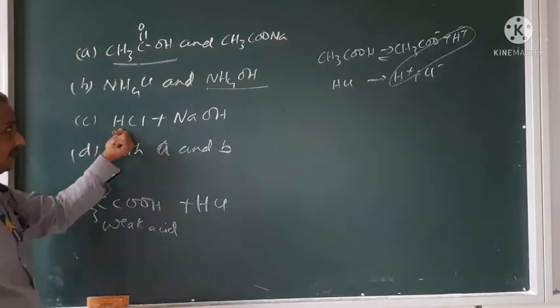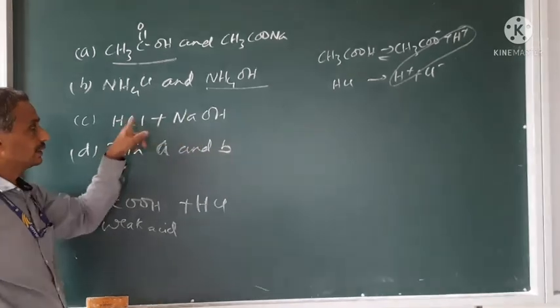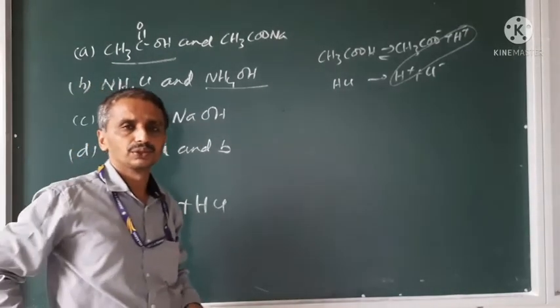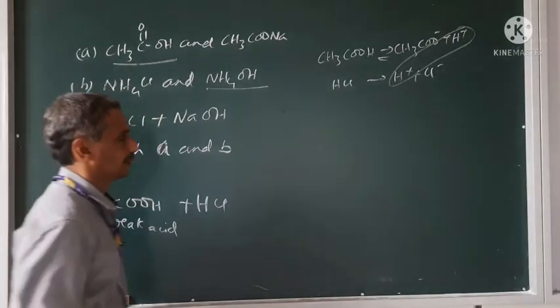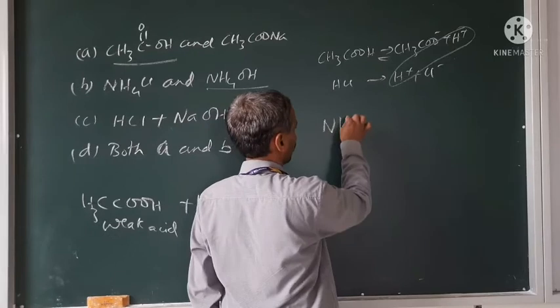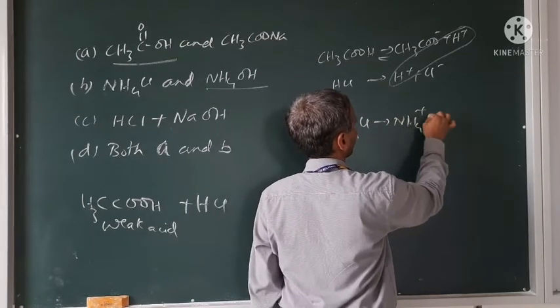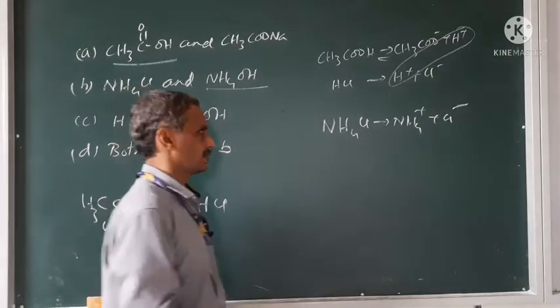But HCl and sodium hydroxide, what happens here? It's an acid-base neutralization reaction. So here the common ion effect will not be there. Now ammonium chloride will give ammonium ion plus the Cl minus ion, which is a strong electrolyte, complete ionization.